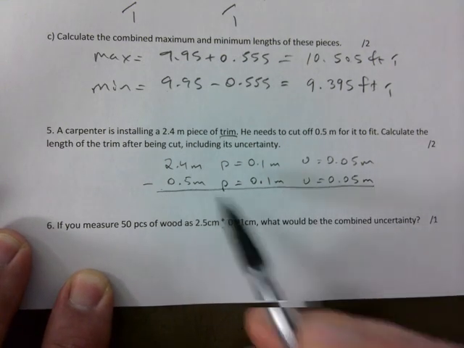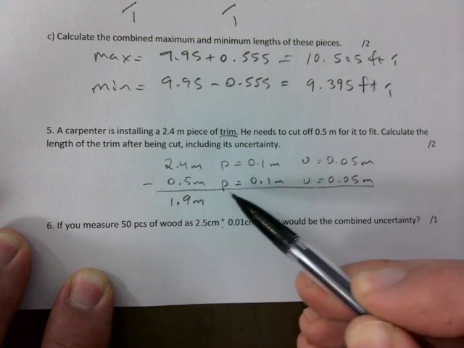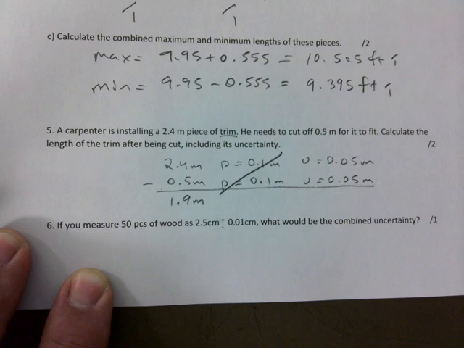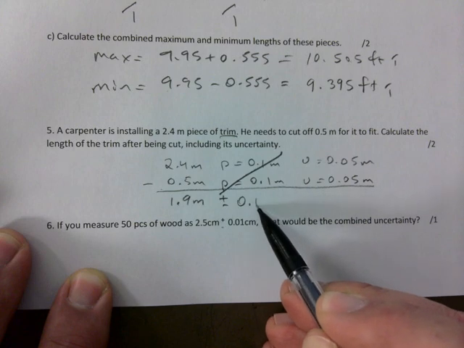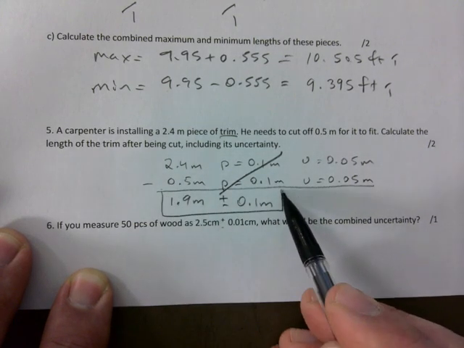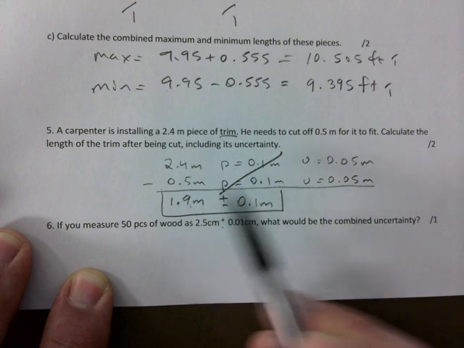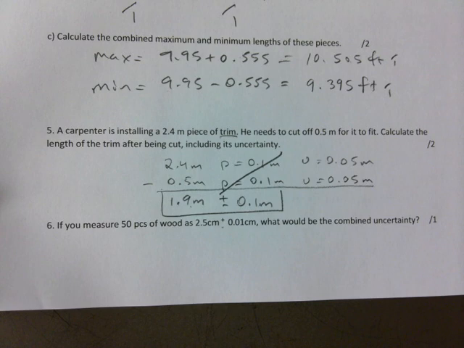So what I do is I subtract and I get 1.9. I forget about the precision. That should not be part of your final answer. Plus or minus, you add these up, regardless of what happens up front. So you get 1 mark for this and 1 mark for that. And that's your final. Okay, 1 mark for each.